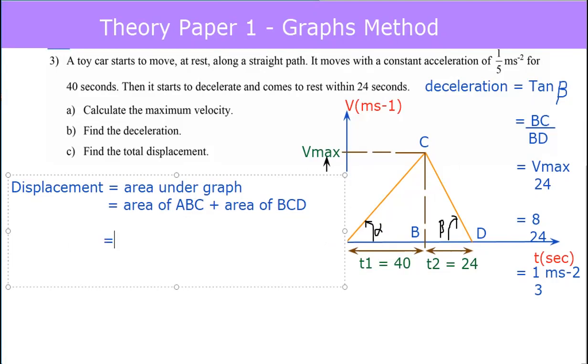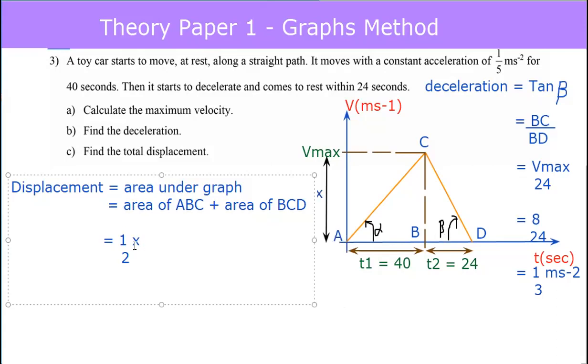What is the area of ABC triangle? That is half into, Lamai, half into base into height. Very good. Half into base into perpendicular height.